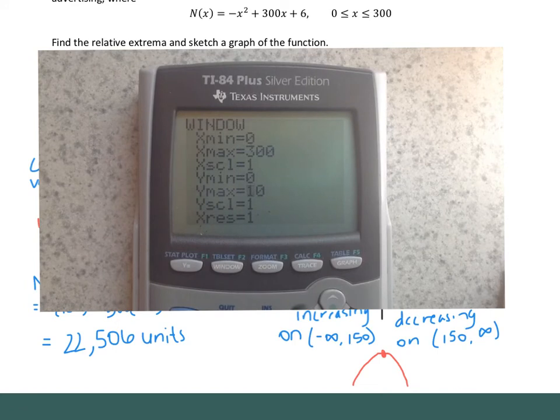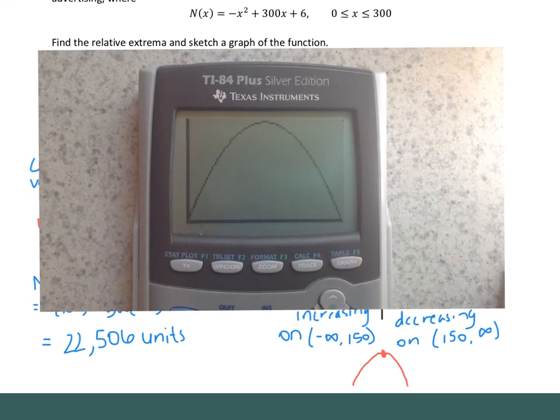And then our Y max: we know, based on finding our relative extrema, that we had a maximum at 22,506 units, so our Y max should be set really large. For example, if we go with 23,000, we'll be able to capture that relative maximum. Now hit graph, and there is our parabola shape.